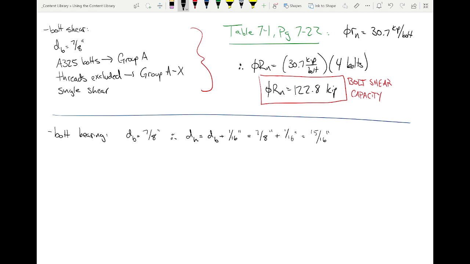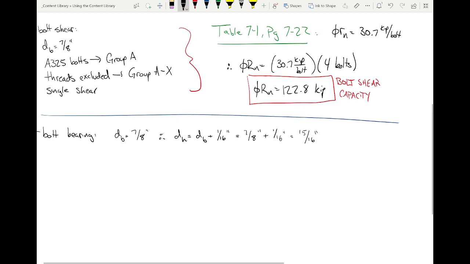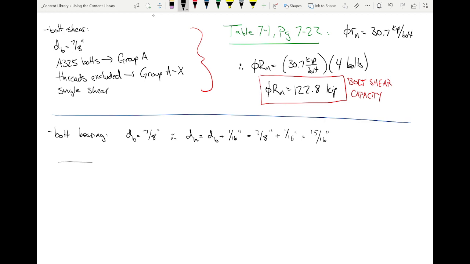Now, I'm going to draw the plate here because the formulas are really simple. I just want to make sure that we all understand the physics of what we're talking about here. So we have a hole, hole, hole, hole.